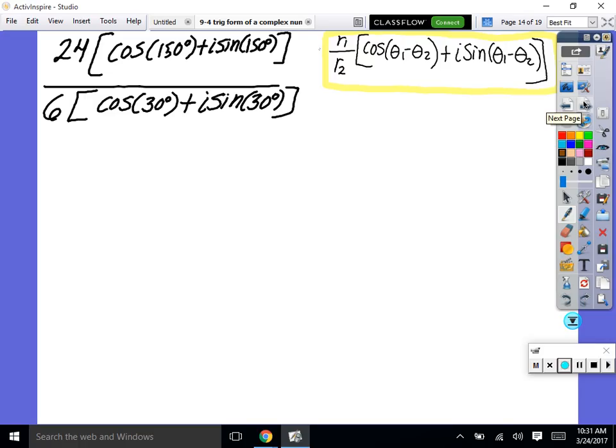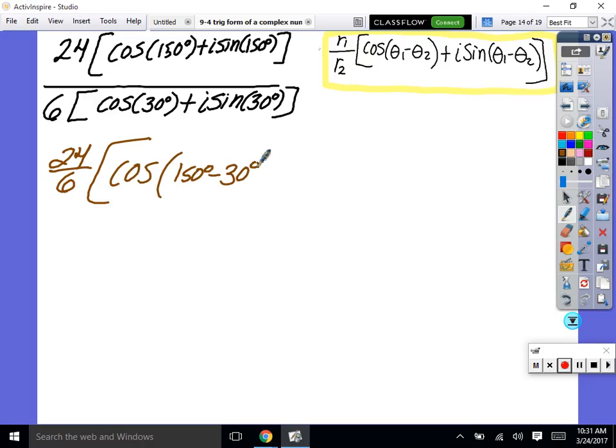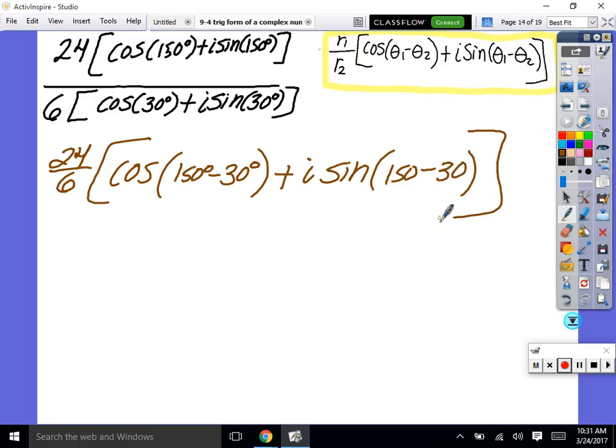Hey, let's do a division one. Here we go. r1 divided by r2. So we would do 24 divided by 6, cosine of 150 degrees minus 30 degrees plus i sine of 150 minus 30.